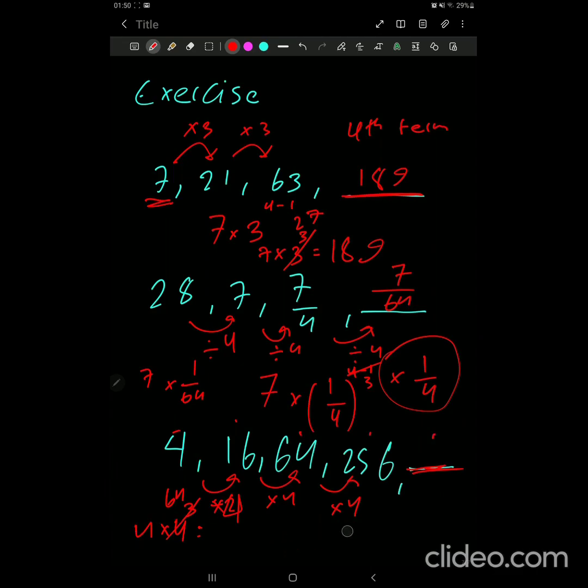So instead of 4 we will write 5. 4 times 4 to the power of 5 minus 1. So this will be 4 times 4 to the power of 4, which is 256, times 4. 4 times 5, 20, plus 2, 22, 4 times 2, 8, plus 2, it will be 1000 and 24, so it will be 1024.